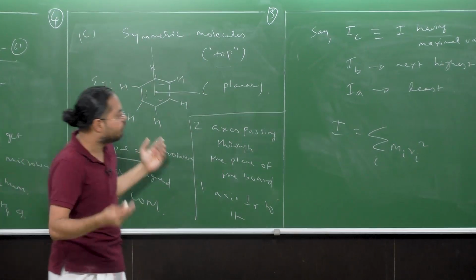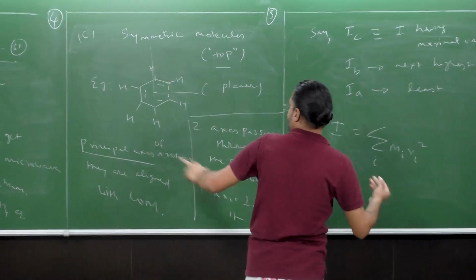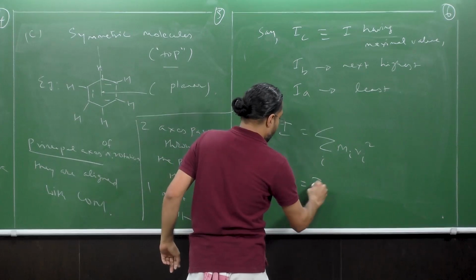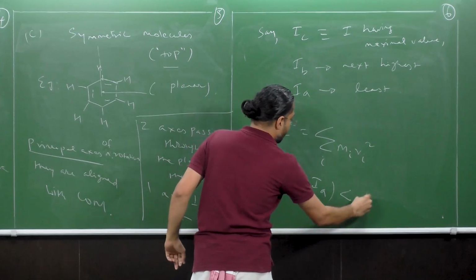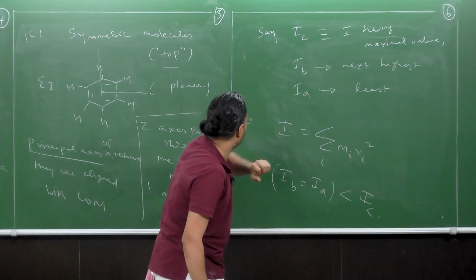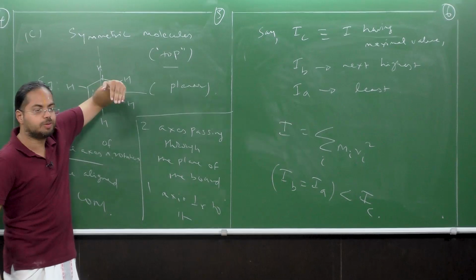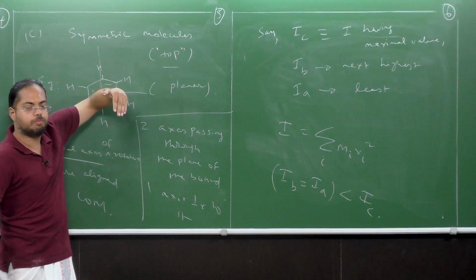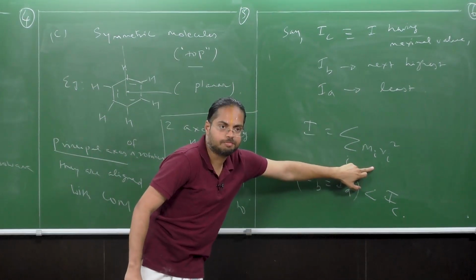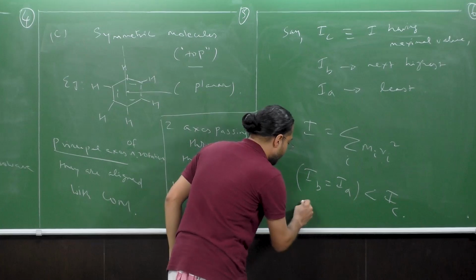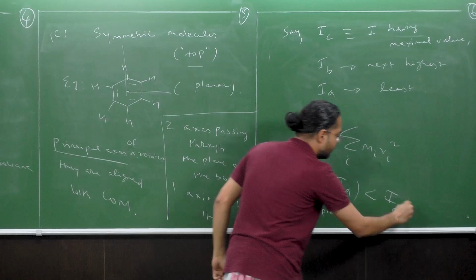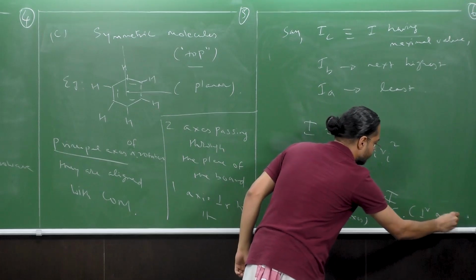So for molecules such as benzene, we have IB equal to IA, and both of which are less than IC. That is because the distance of the atom from one of the axes is greater than the distance from the other two axes. So these are going to be the in-plane axes, and this is the perpendicular axis.